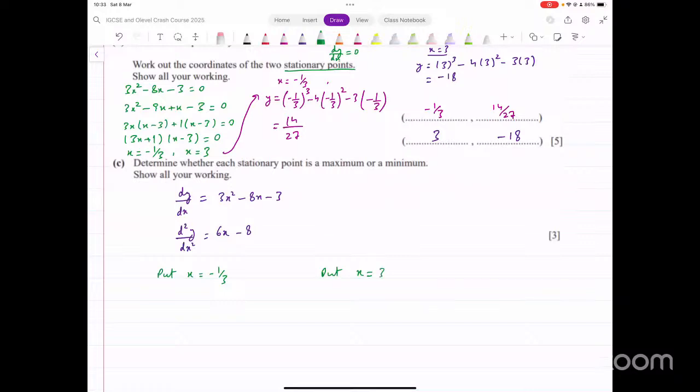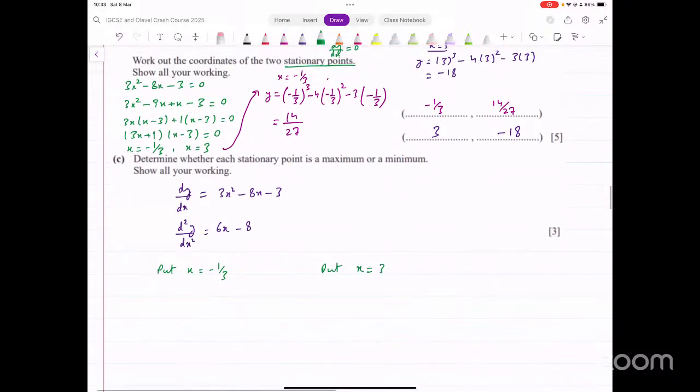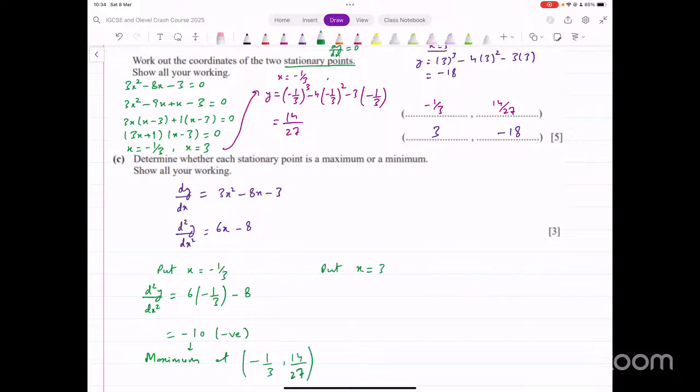You input these two values here and see what that gives you. d squared y over dx squared is 6 into minus 1 over 3 minus 8. That's minus 2 minus 8, and that's minus 10. This is a negative number. Negative number means we have a maximum point at minus 1 over 3 and 14 over 27. This is a maximum point.